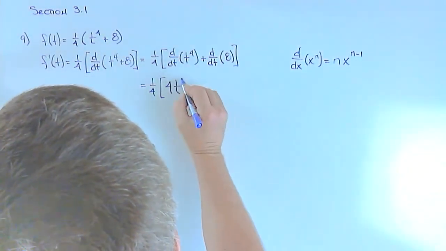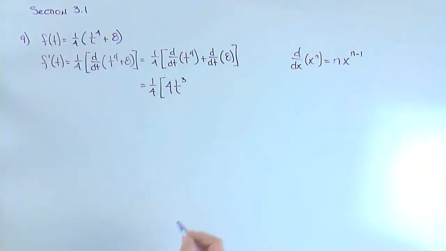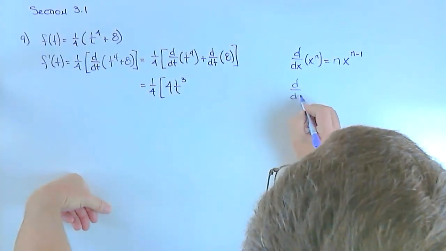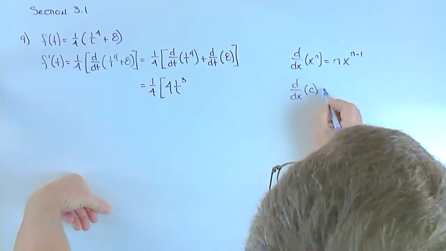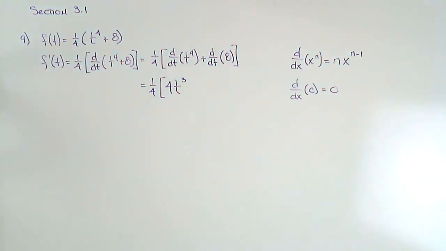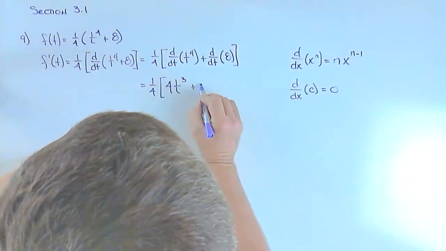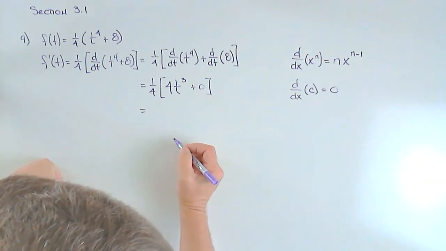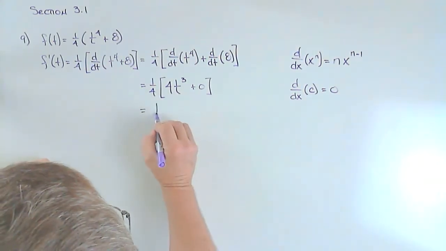My new exponent is 4 minus 1, which is 3. We have another rule that says the derivative of a constant equals 0. We showed that in class, because the slope of the tangent line to a constant is 0. So this is going to be plus 0 here. And we get 1/4 times 4. That's 1. So we just get t cubed.